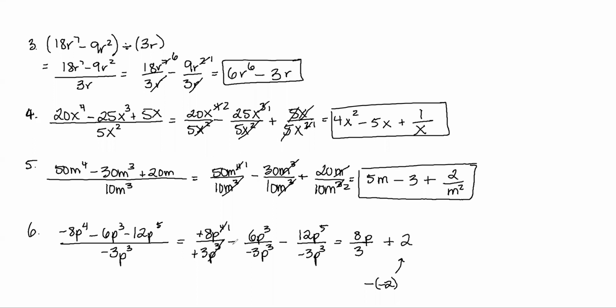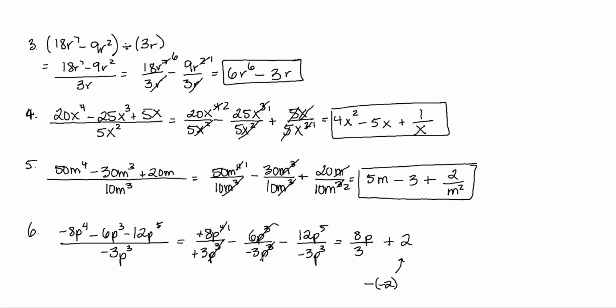So see how this negative and negative became a positive? You can do that if you have one out in front and a negative on the bottom, because remember, a negative in a fraction can go on the bottom, it could move up to the top, or it can go out in front. So putting that negative with the negative makes it a positive. And the p's completely cancel, so it's just a 2.